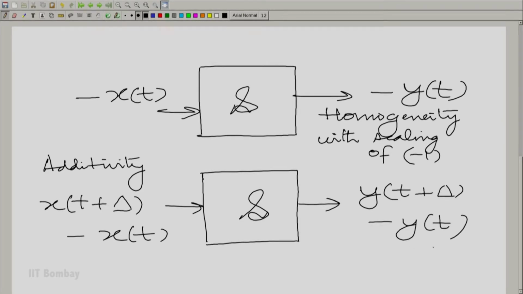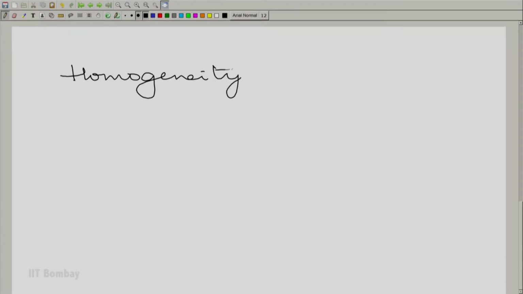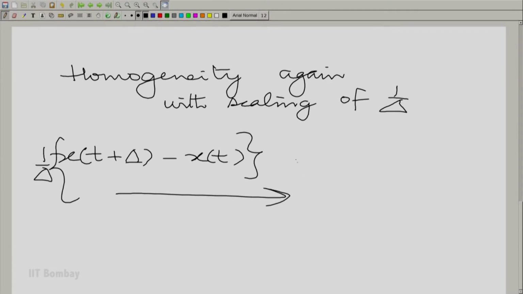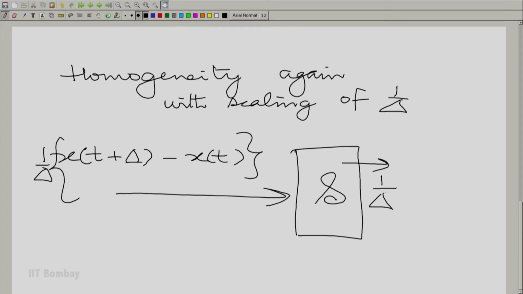And I once again invoke homogeneity now by multiplying by 1 by delta. Homogeneity again with a scaling of 1 by delta. So, I have x(t + delta) minus x(t) multiplied by 1 by delta applied to the system should produce 1 by delta times y(t + delta) minus y(t).